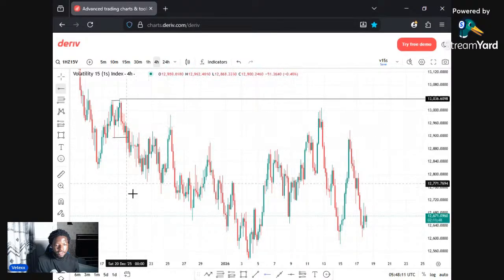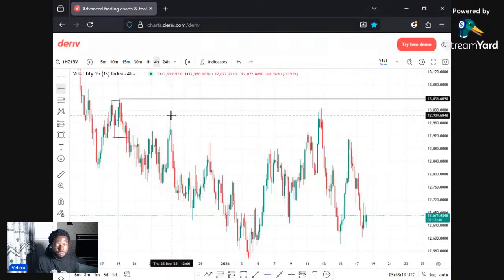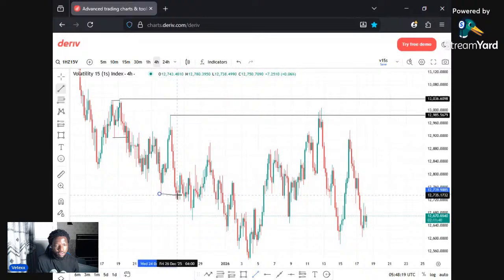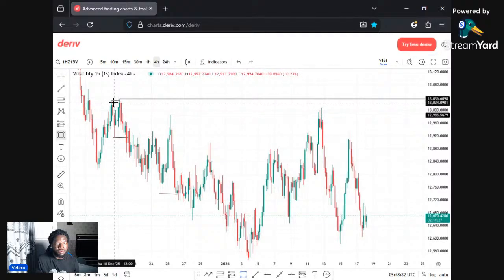This is price retrace 50% to give us our structural liquidity, which is this. And then we have our second break of structure. This simply means this is an A plus setup on the higher time frame, on the 4-hour time frame. So the whole of this zone is our POI.